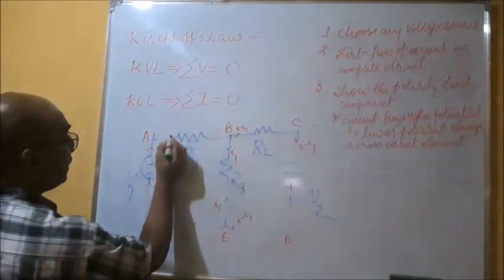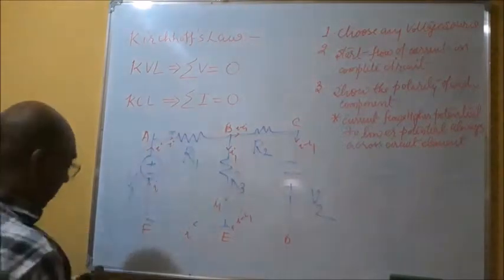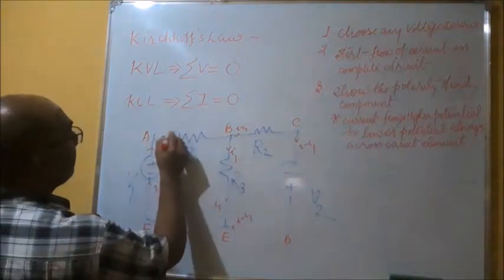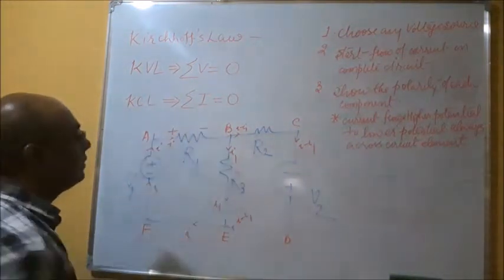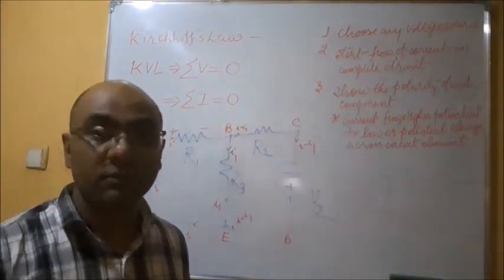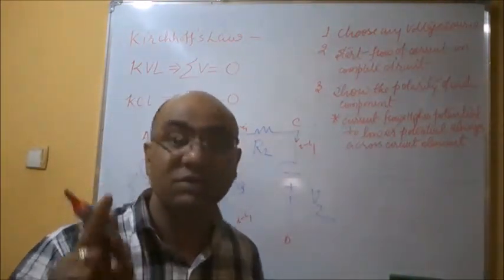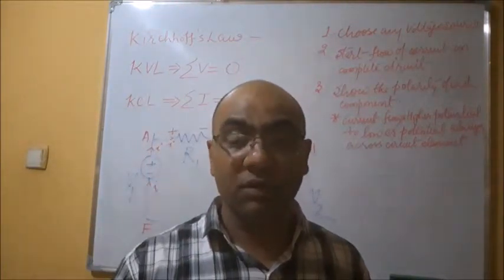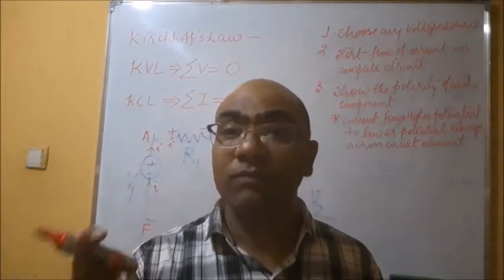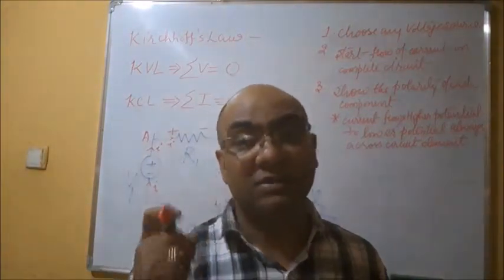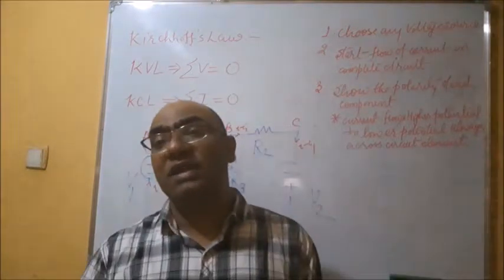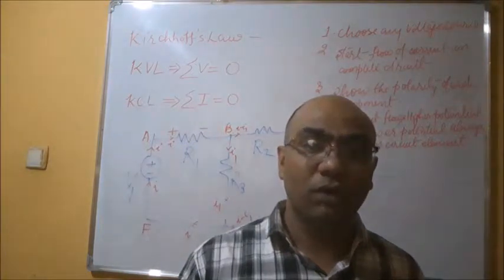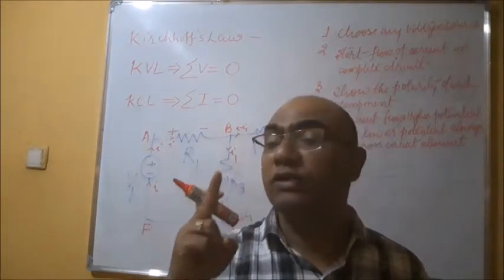So we will say this is positive, and then this would be negative. Again, this totally depends on my assumption. This is positive and negative according to my assumption. If my assumption is opposite, then when I find the answer, it will give a negative value. But I'll go according to my convention.